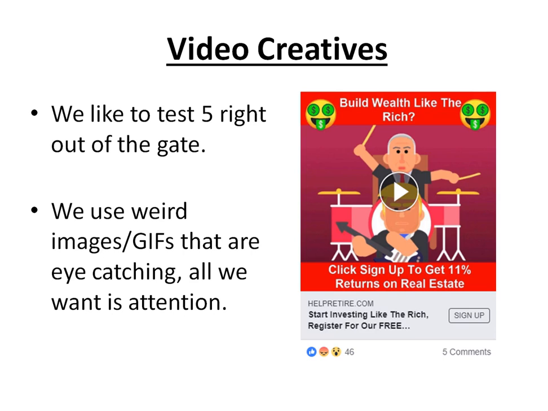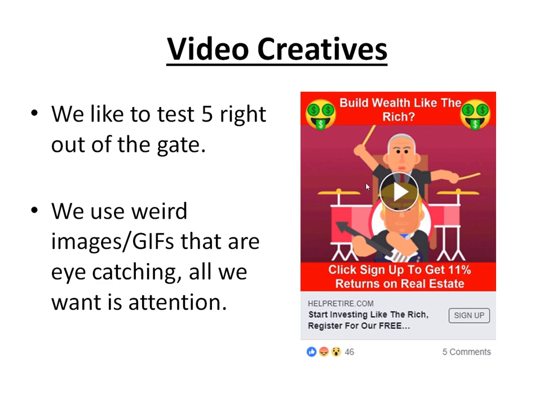So we like to test 5 right out of the gate. This is actually one of our ads that we run for a real estate client, and essentially it's Trump and his running mate Mike Pence, playing guitar and running the drums. Now, this obviously does well because real estate, Trump was in real estate, and love him or hate him, it gets a lot of attention.